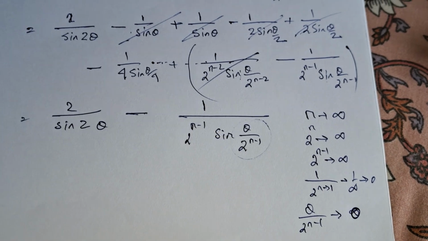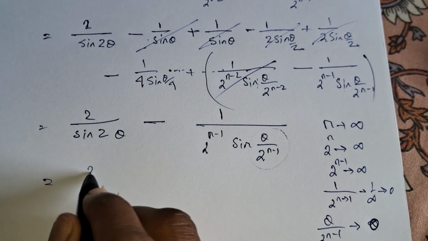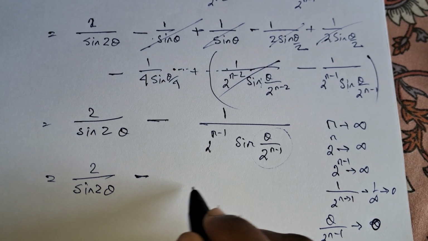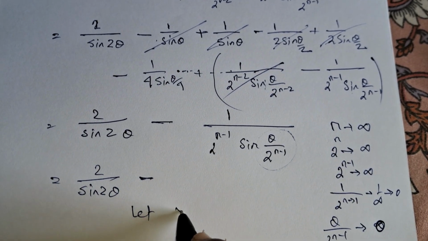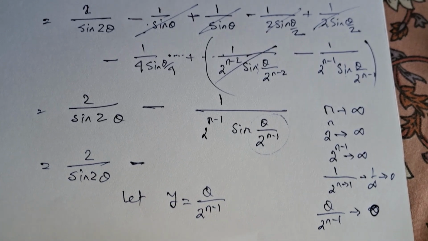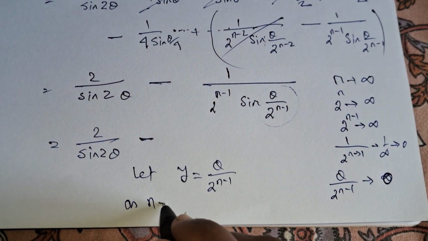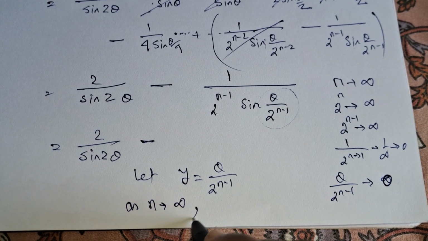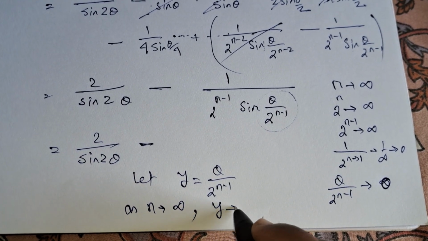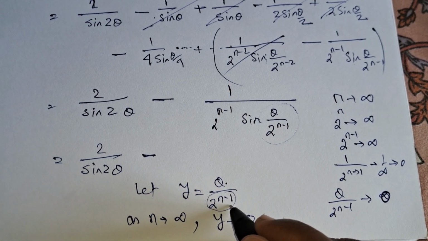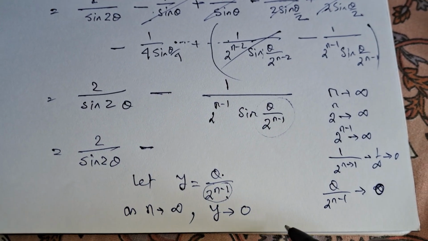So take this one as y. Let y equal to theta by this one. So as n tends to infinity, theta by infinity, so y tends to 0. Anything by infinity means 0. So y tends to 0.